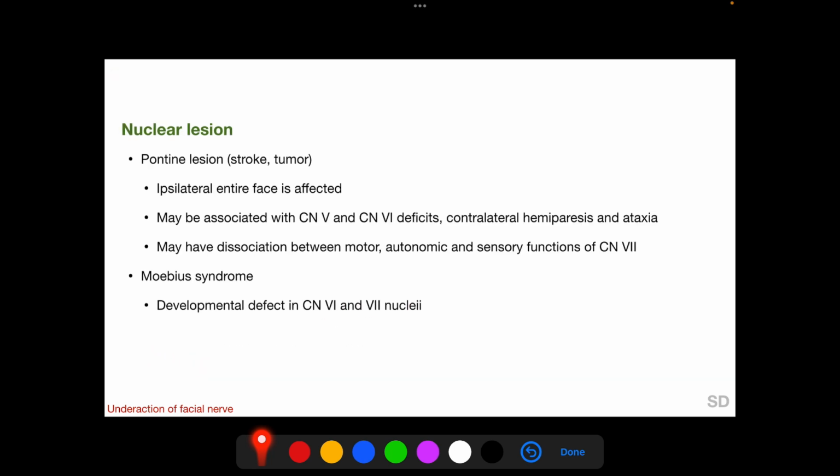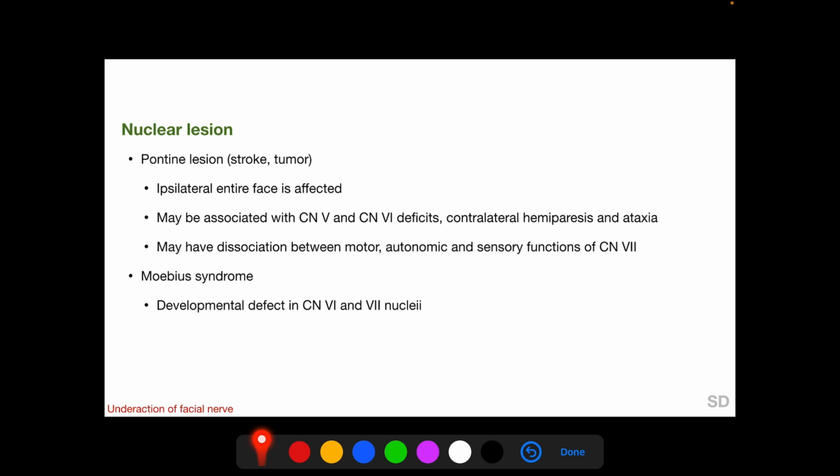A lower motor neuron lesion of the facial nerve can be either in the nucleus of the facial nerve located in the pons or in the infranuclear portion of the facial nerve. Nuclear lesion of the facial nerve is caused by a pontine lesion, most commonly a stroke or a tumor, and the ipsilateral entire face is affected, that is both the upper and the lower part of the ipsilateral face will be affected.